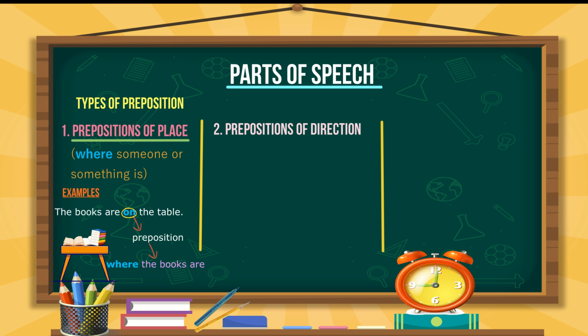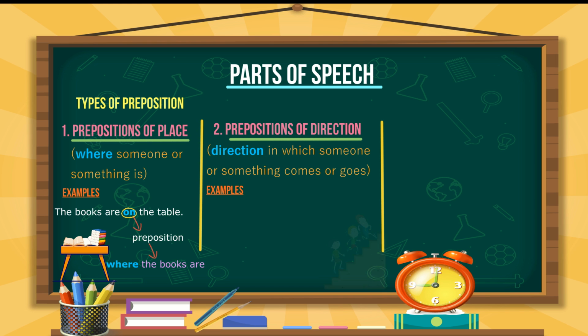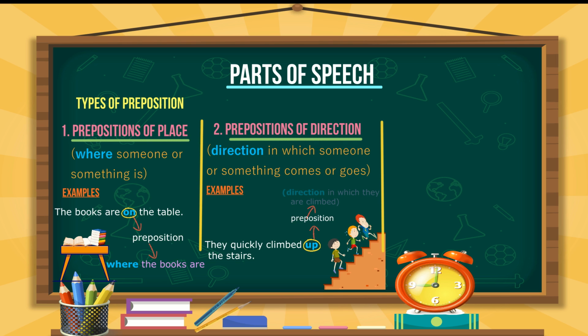Some prepositions also indicate the direction in which someone or something comes or goes. Such prepositions are called prepositions of direction. For example, they quickly climbed up the stairs. Here, the preposition up indicates the direction in which they climbed.